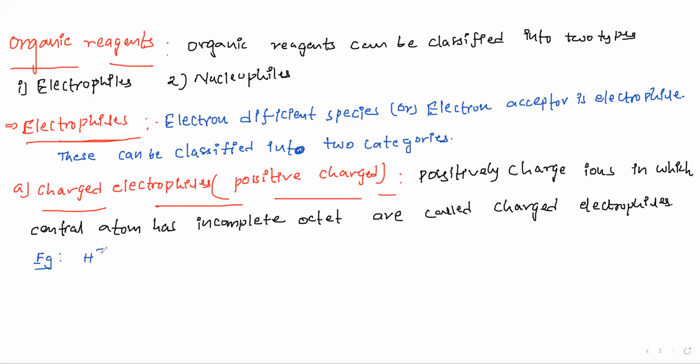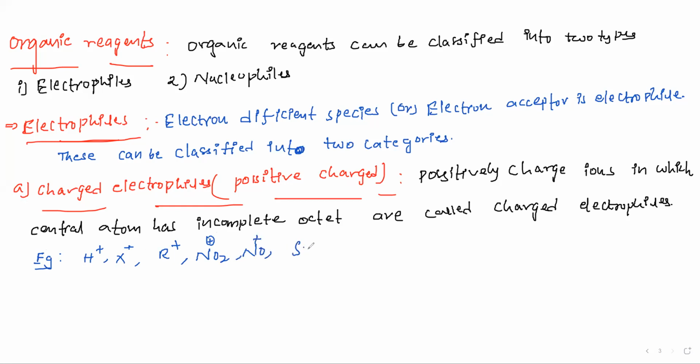Examples here: H+, X+ and R+. R is nothing but an alkyl group. And NO2+, the nitro group, is also an electrophile. And NO+, the nitrosonium group, is also an electrophile.